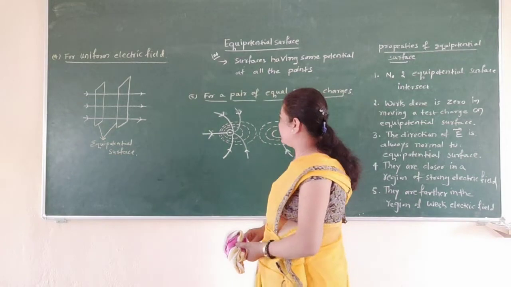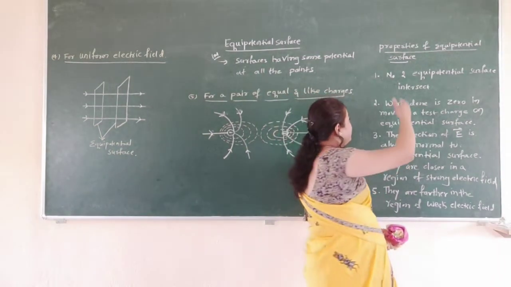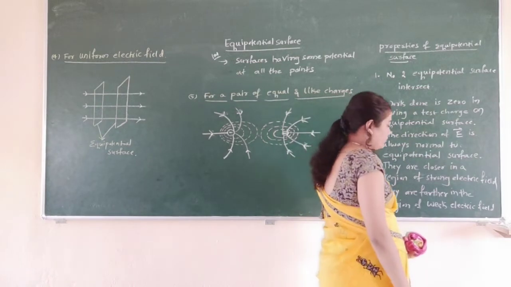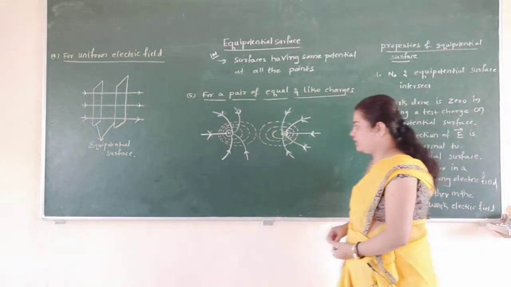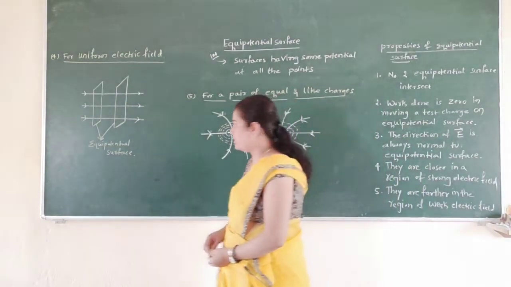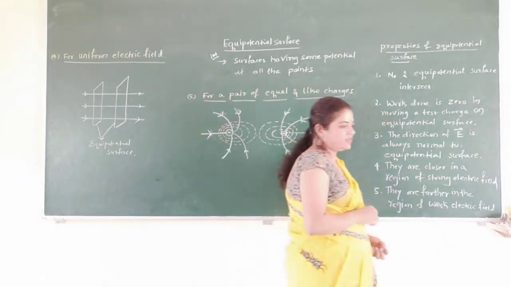So next we will study the properties of equipotential surface. I have listed here equipotential surface properties. So we know that two electric field lines never intersect each other. Like that, two equipotential surfaces also never intersect.